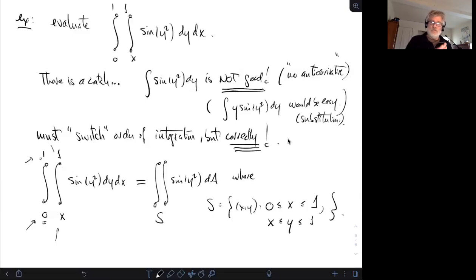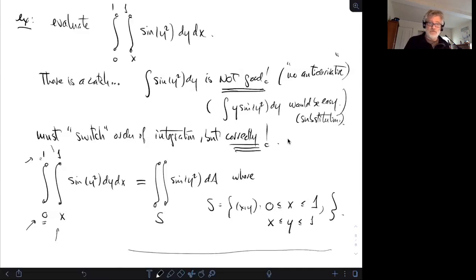Okay? So if you're not sure what I just did, go the other direction. Look at the right-hand side. We've got S, which is a type 1 region, right? And our results said, well, if S is a type 1 region, then the double integral over S can be computed as an iterated integral exactly this way. Okay?